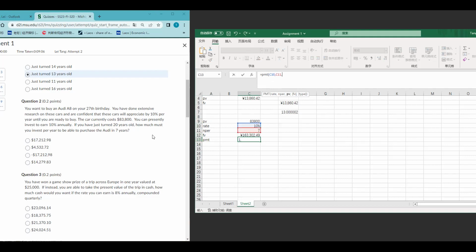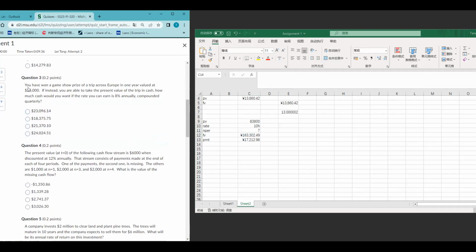And present value, now. So here the future value is the car price after 7 years. It's gonna be negative. So we're gonna pay here. This is our answer.